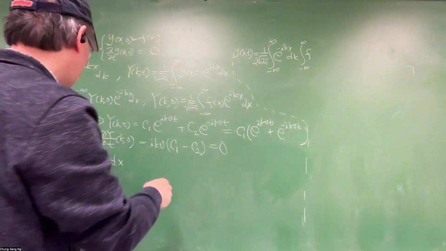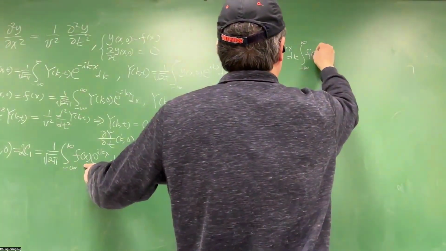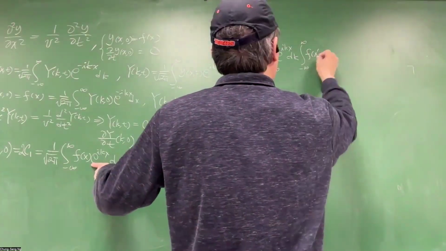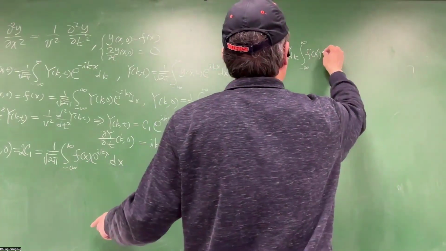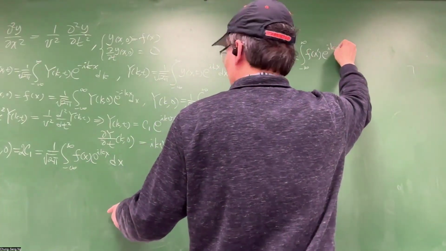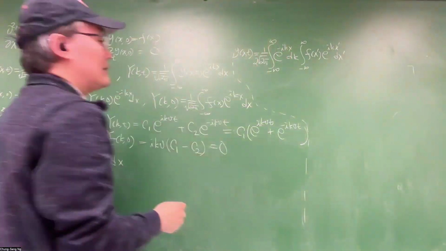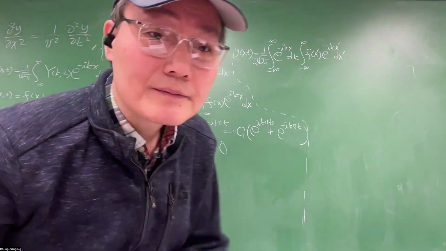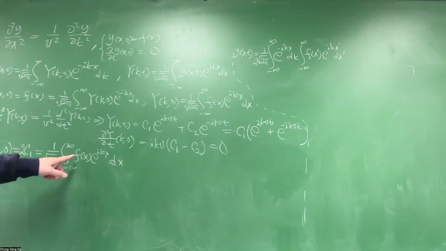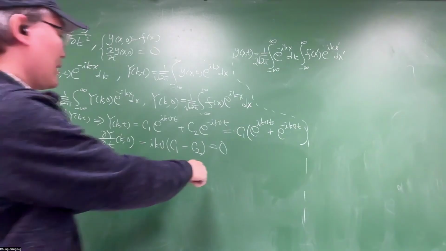But you already have x, so you can choose another variable, x prime: e to the i k x prime, right? And then multiply by the rest.